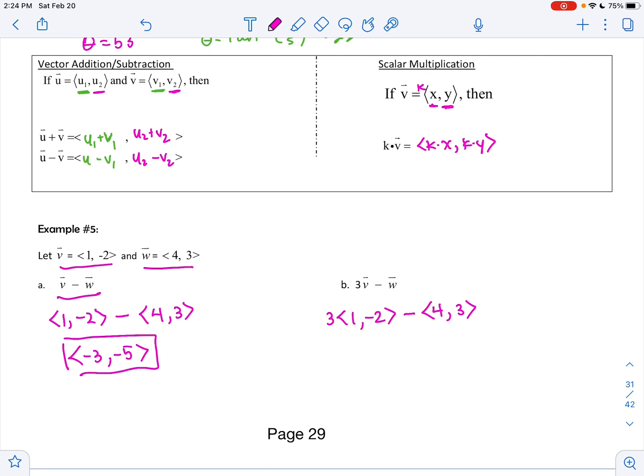So distribute the 3 to each one of these horizontal and vertical components, and we get 3 comma negative 6. And now we perform the operation that we see there. So that would be x minus this x, so 3 minus negative 4, and we get negative 1. Negative 6 minus 3, and we get negative 9.